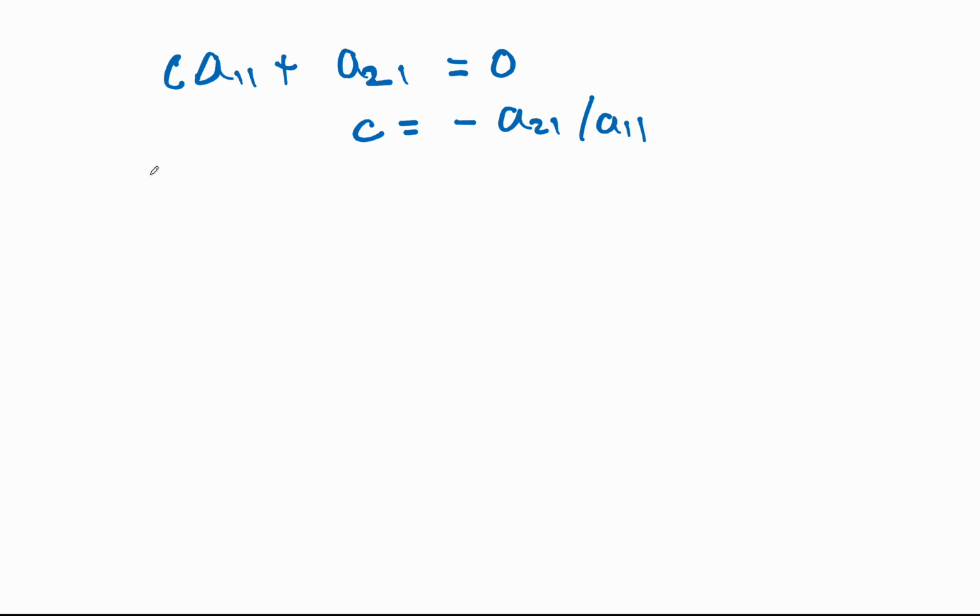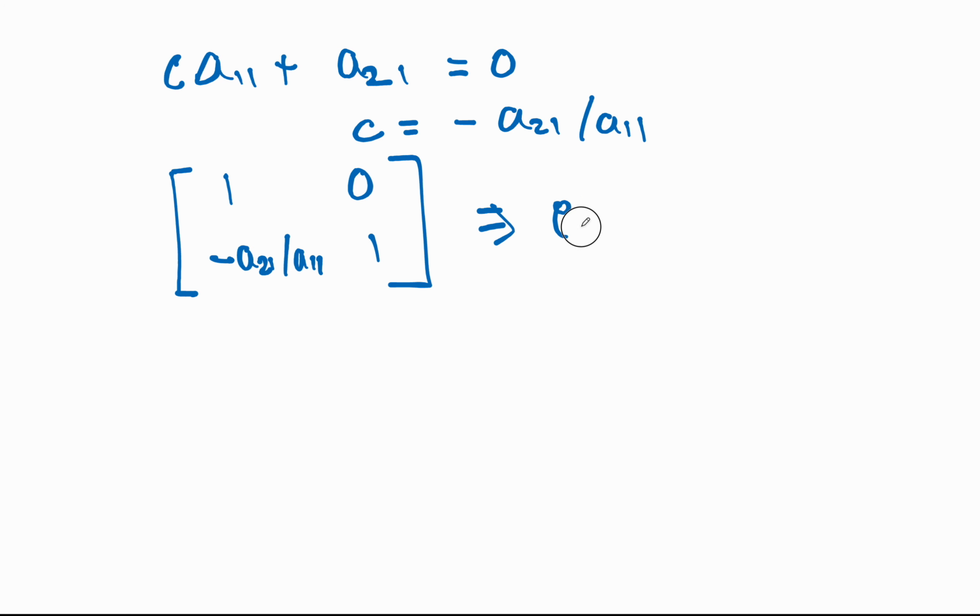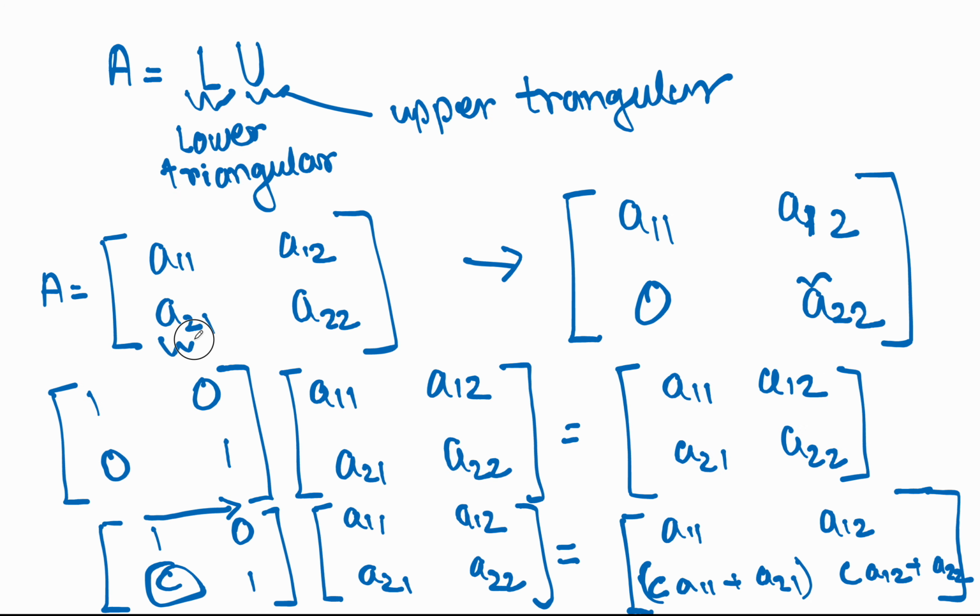So we can see that this matrix, this is 1 0, and C, which is minus a21 by a11, 1. So what it does is it eliminates a21.